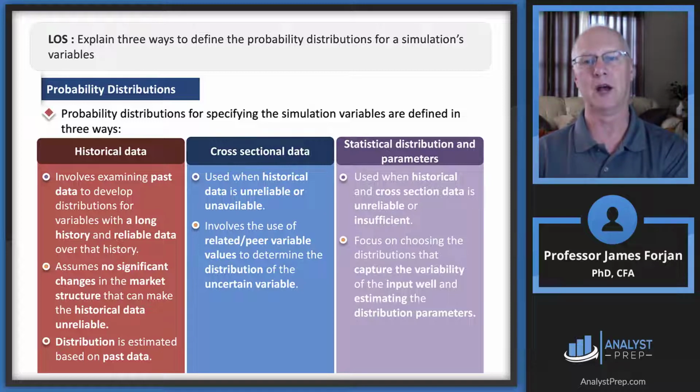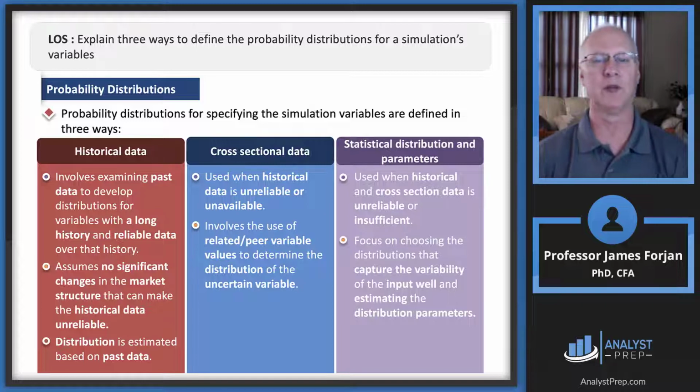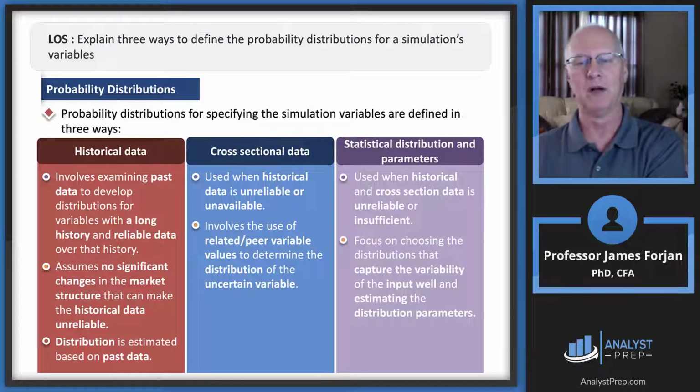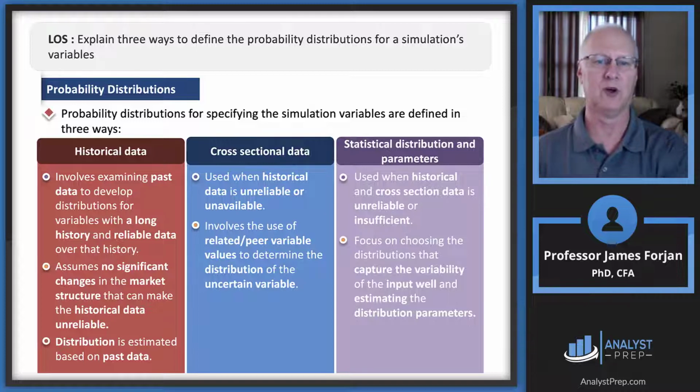Let's go out and try to observe and collect data on all of the golf cart companies inside of the United States and also outside of the United States. So used when historical data is unreliable. Well, we know our data is unreliable. We know it's unavailable, but it might not be perfectly applicable to golf carts, right? So look at the second circle point. It involves the use of related or peer variable values. That makes perfect sense then, right?